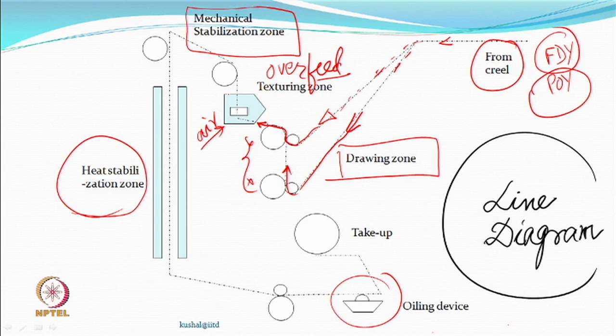Theoretically, you can also have another feeding system where, even if all of them are fully drawn, you may like to give different overfeed. So, within the same jet you may like to give different overfeed to different yarns, and what will happen?